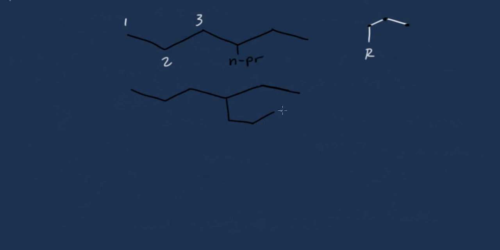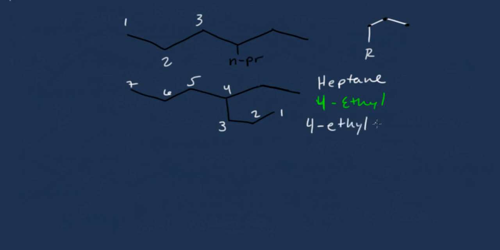So we're going to name this our carbon 1 now, 2, 3, 4, 5, 6, and 7. And so we're dealing with a heptane parent chain. And it looks like we have a group substituted on the 4 position, which is an ethyl group. And so in naming this, we have our only substituent group, which is on the 4 carbon, and it's an ethyl, followed by our parent chain, heptane.